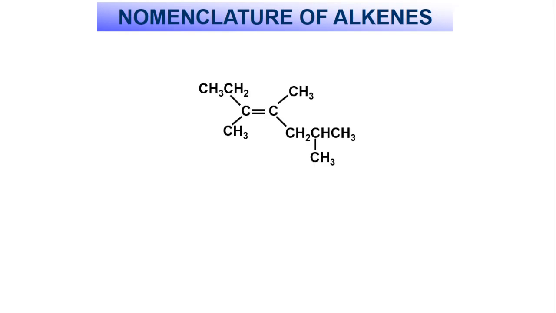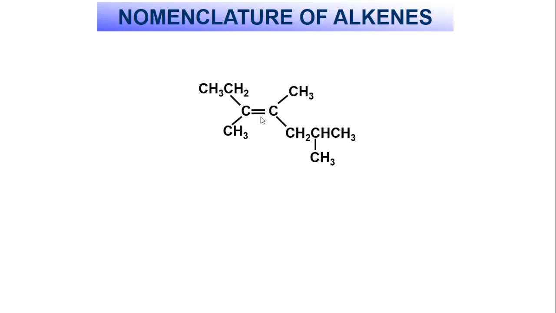So we can look at this one, and you can give the name to it. So how can you give the name to this one? You identify the parent chain, which is that one. I hope you guys can remember, the parent chain should have a lot of carbons, isn't it?